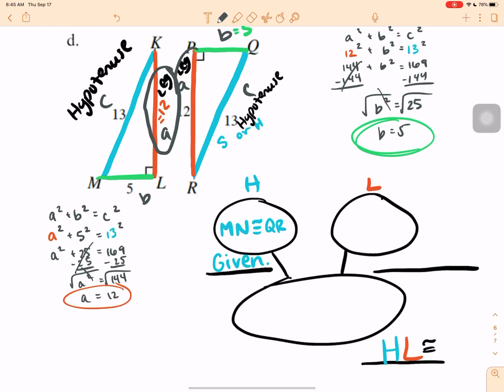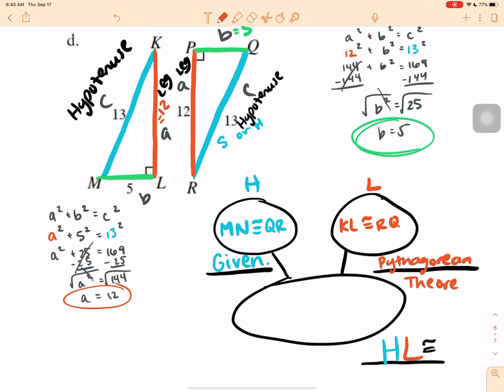Now, the legs, on the other hand, we did solve for them. For that one on the left, we knew one of them was 12, but we can't just assume that the other one is 12. But in order to prove that KL is congruent to RQ, we used our knowledge of the Pythagorean theorem.